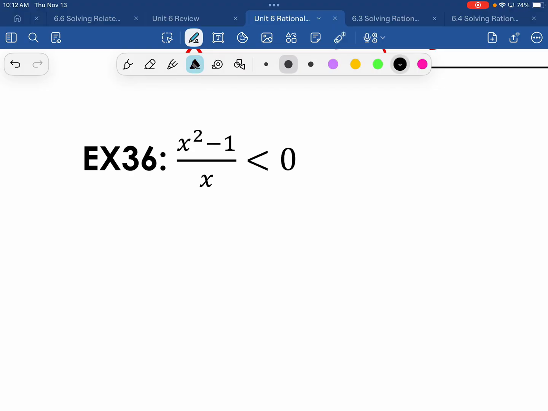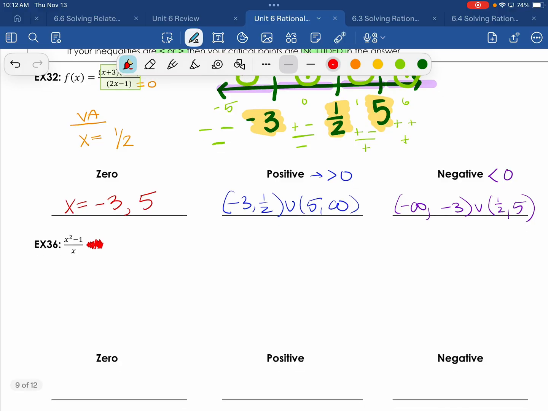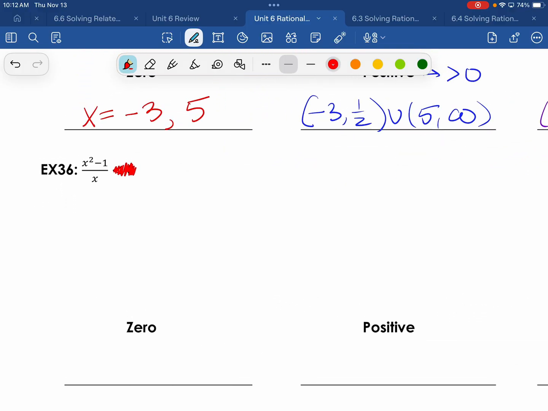Okay, I meant to make number 36 another one where it just equals f of x. So ignore this less than 0 for right now. I'm going to do the same thing. I'm going to figure out where I'm 0, where I'm positive, and where I'm negative. I have to come up with my critical points, so I'm going to factor. The top factors out to be x plus 1 and x minus 1, and the bottom just stays x.